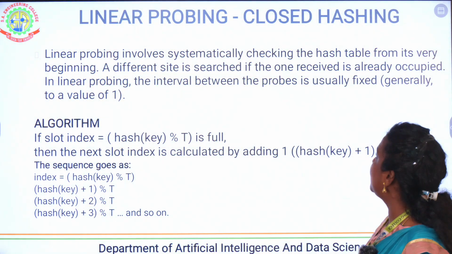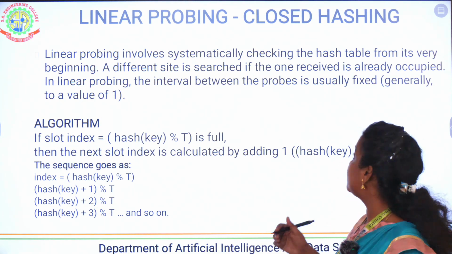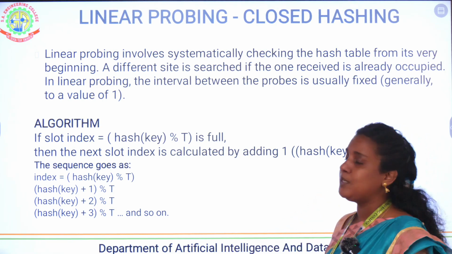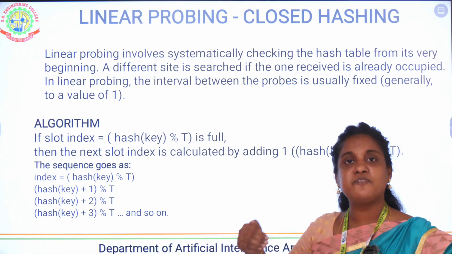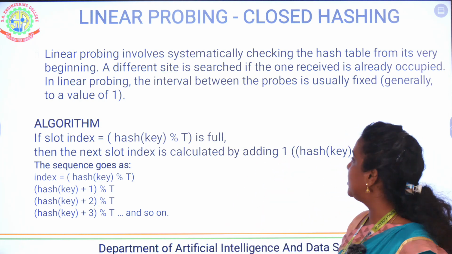So next is linear probing, one of the important techniques that comes under closed hashing. As the name suggests, it helps you search for the next free slot to store the data when a collision occurs.